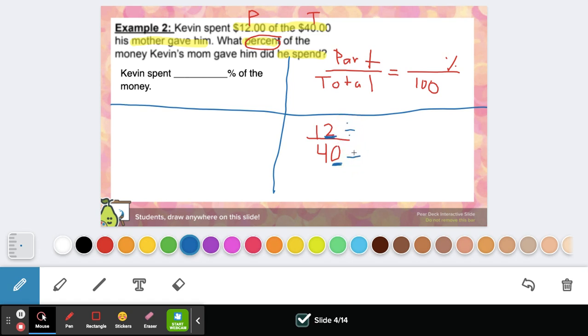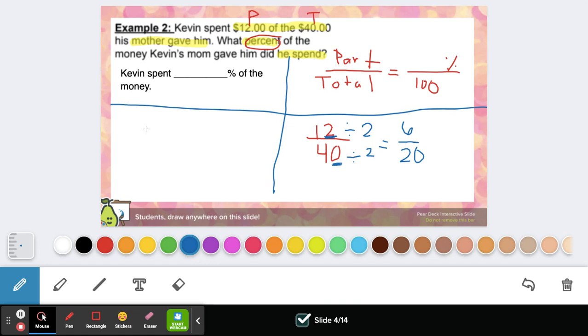So they're both even numbers, and one of the smallest even numbers is 2, so I'm going to divide both numbers by 2. 12 divided by 2 gives me 6. 40 divided by 2 gives me 20. So now I'm going to work with the fraction 6 over 20.